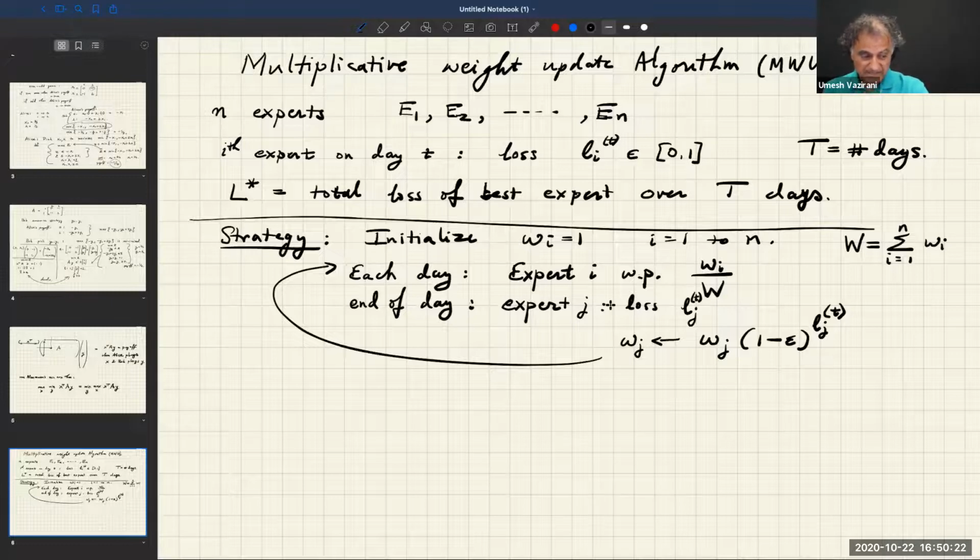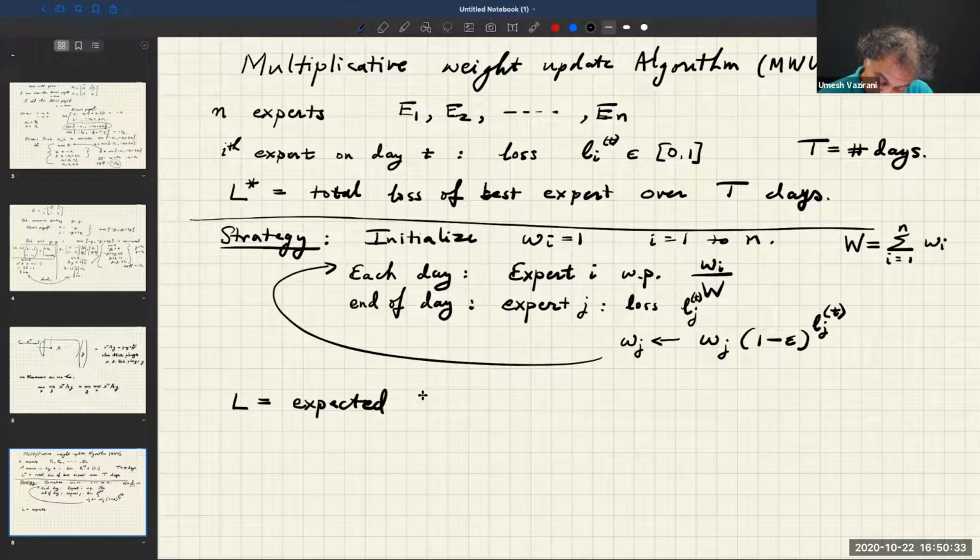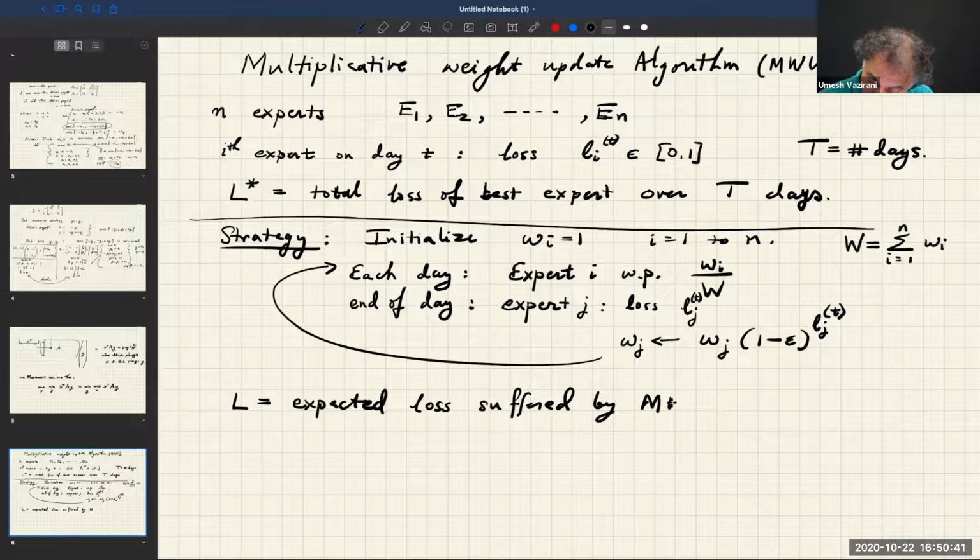Okay, so let L be our expected loss suffered by this algorithm over the T days.